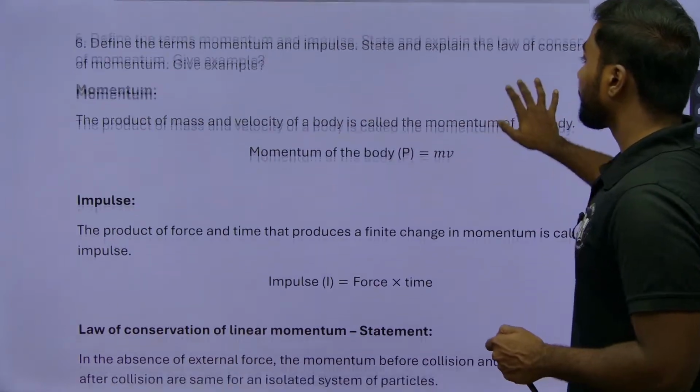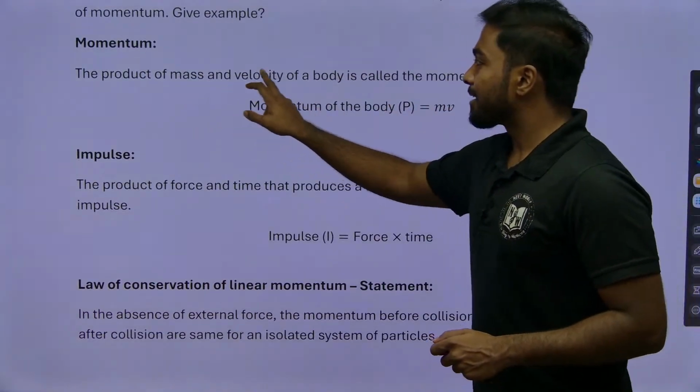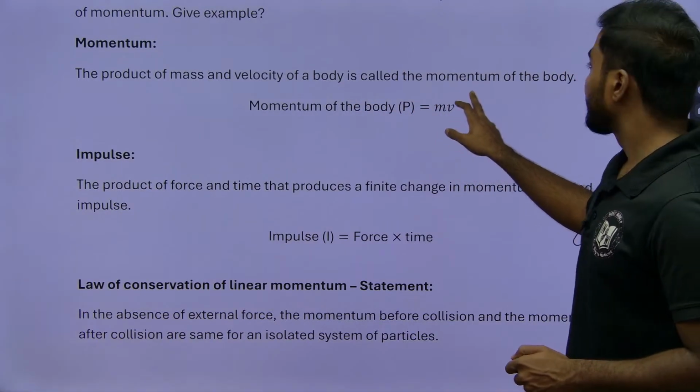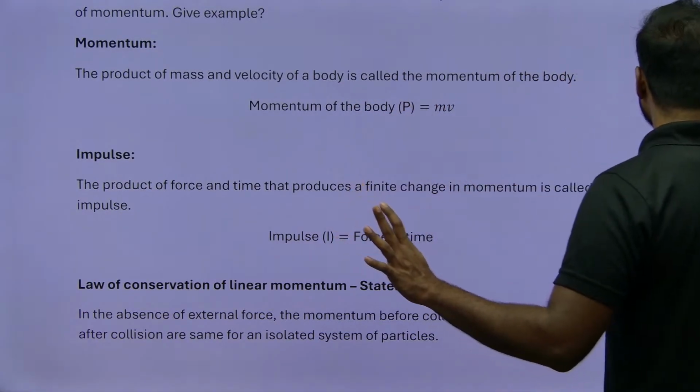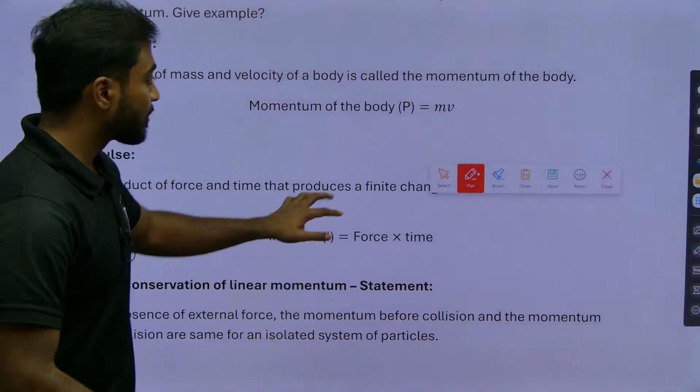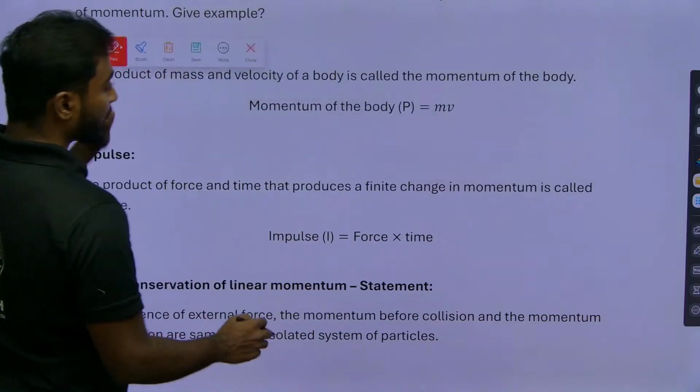The product of mass and velocity of a body is called the momentum of a body. Impulse is a change in momentum, or else force into time. How are we saying force into time?